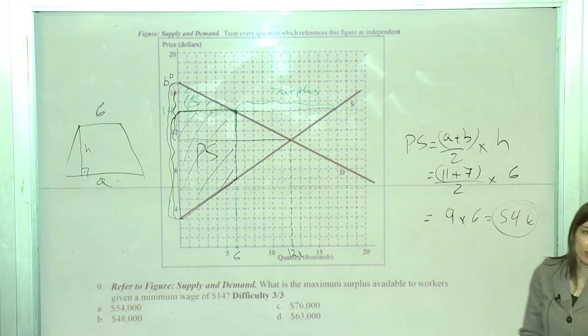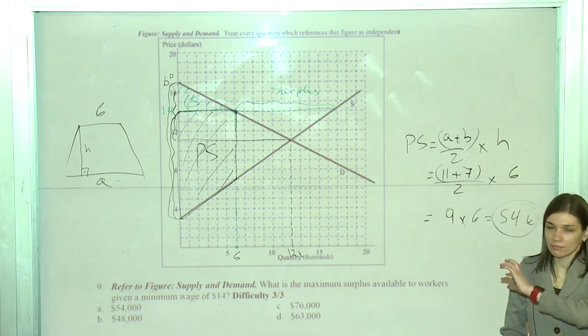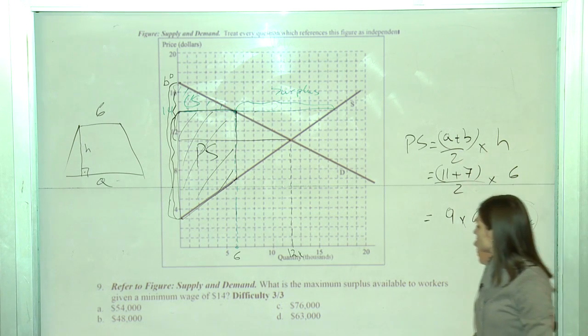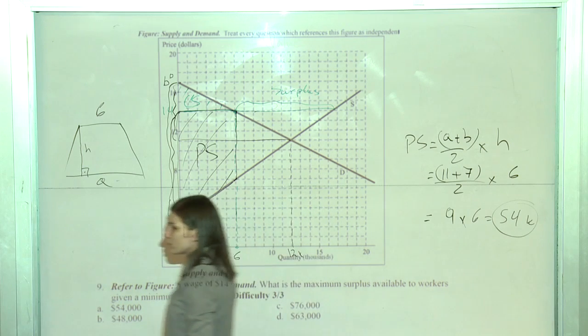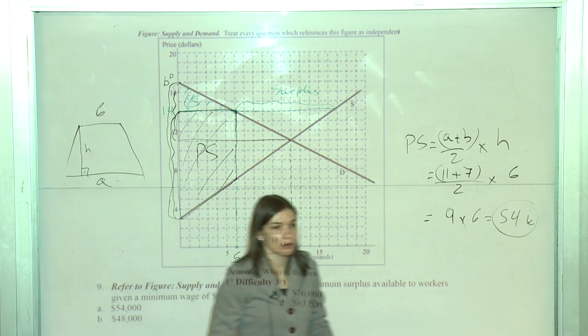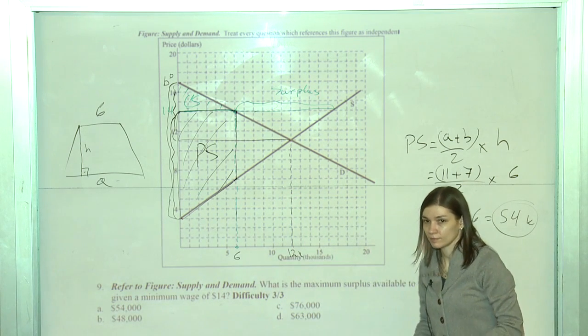There's no minimum. Minimum surplus is 0, but that would mean there's no market, that nobody wants to work. But we know that's not going to happen in this case.